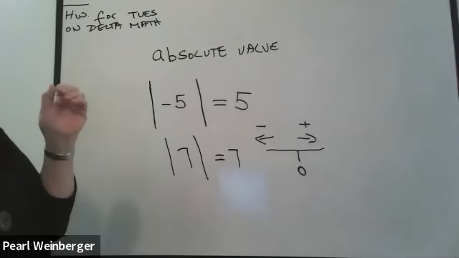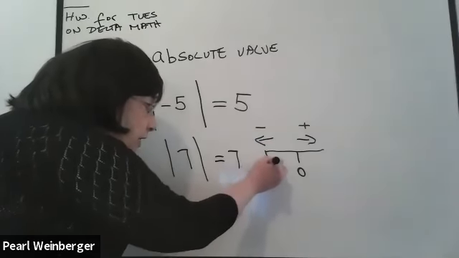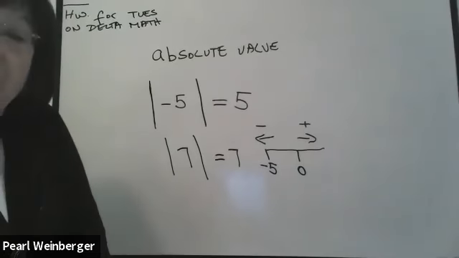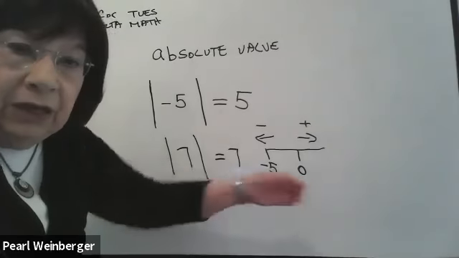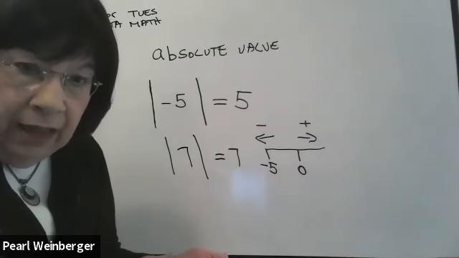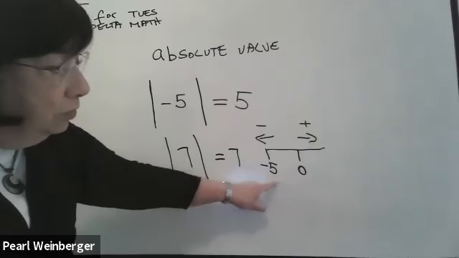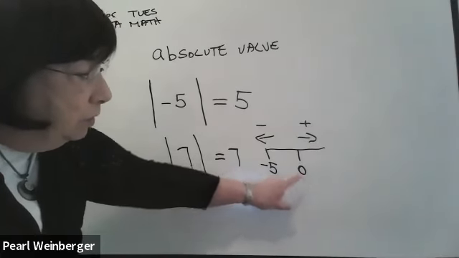Now, we know here's the number -5. It's right over here on the left of the 0. My question is, how many numbers are there from 0 to -5? 5.